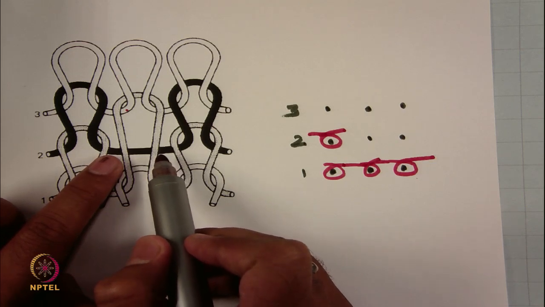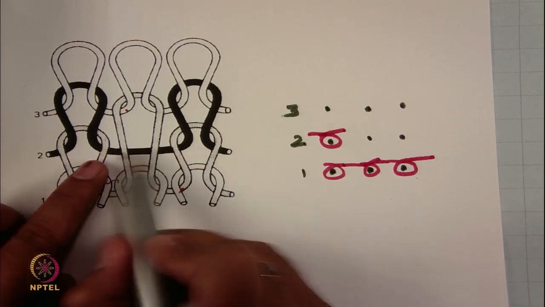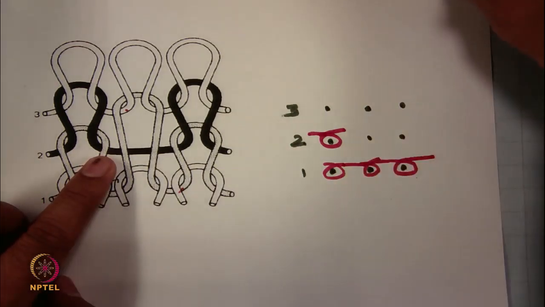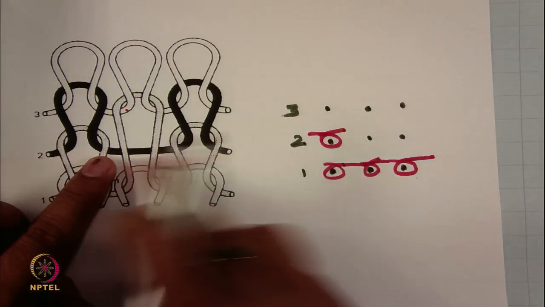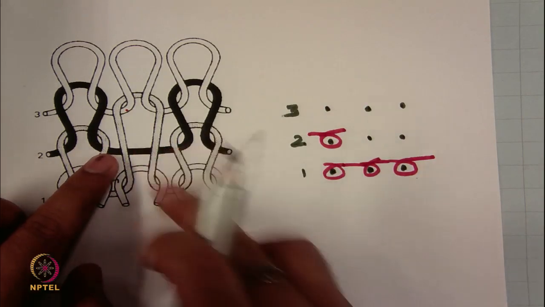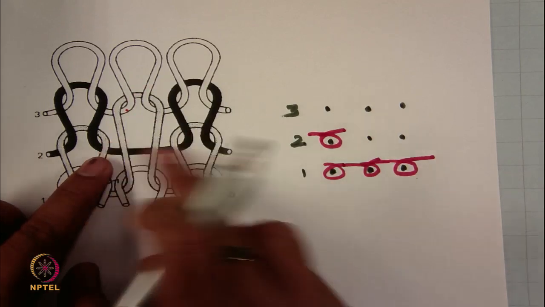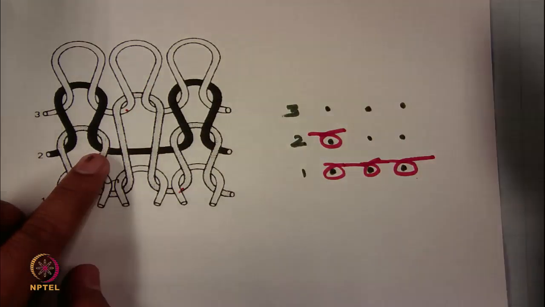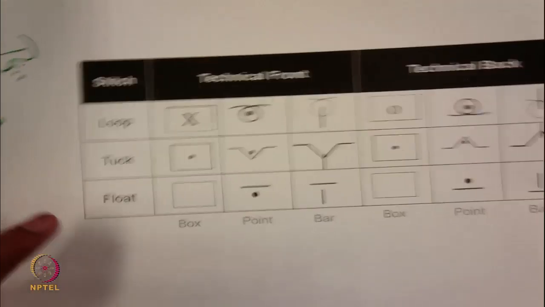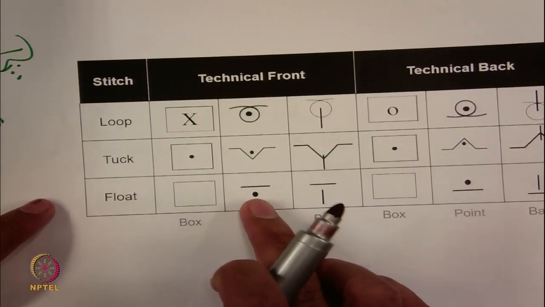So, it is actually a float, which is shown in the back side. If you recollect the previous lecture, this float is actually visible on the technical back side, but on front side only the held loop is visible, the float is shown behind the fabric. And how do you represent a float in technical front side? This is how you represent.